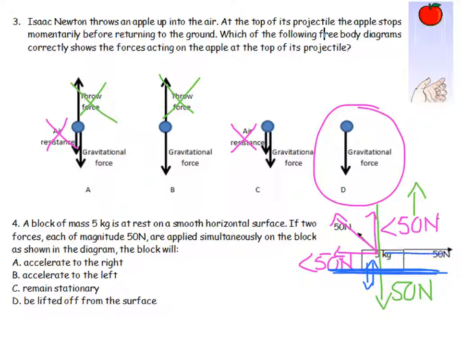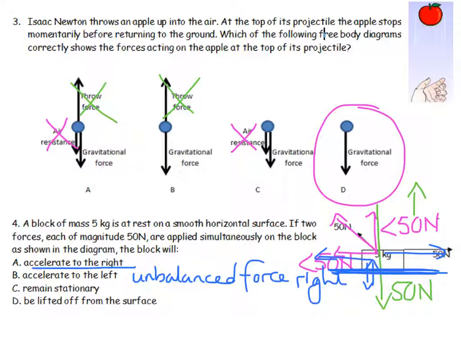We've got a force of 50 to the right and less than 50 to the left, which means that the winner is the force to the right. So there will be an unbalanced force to the right, and the unbalanced force to the right causes an acceleration to the right.